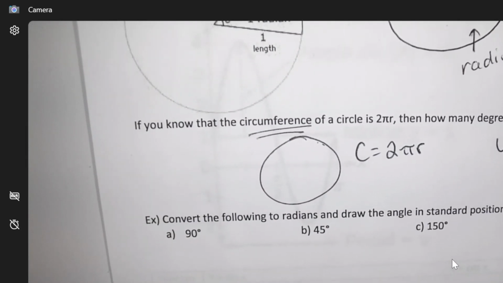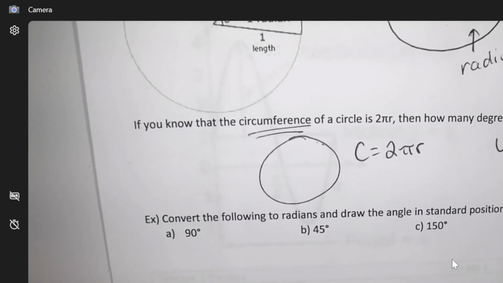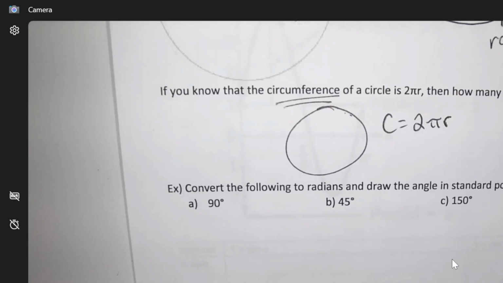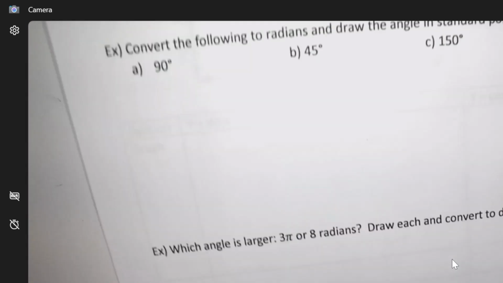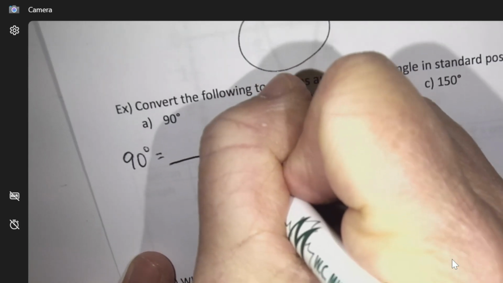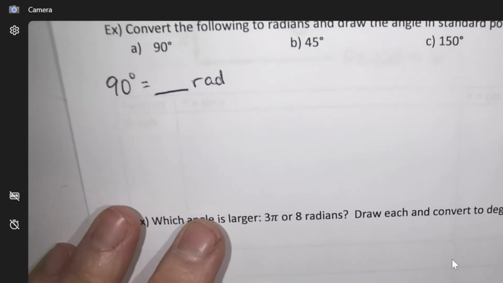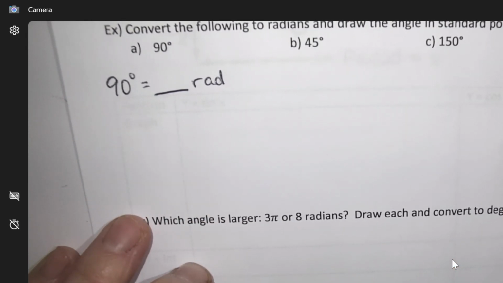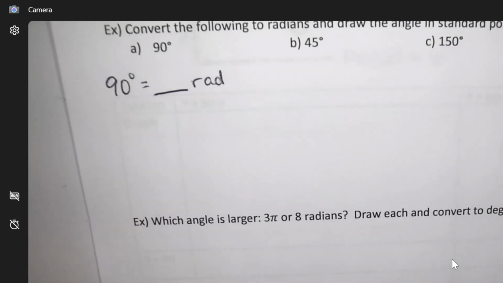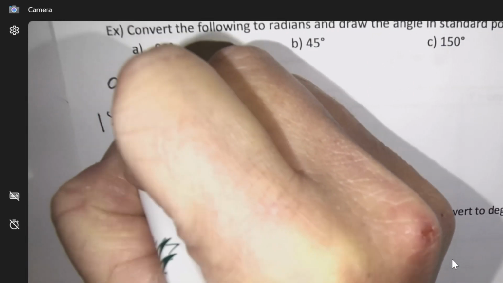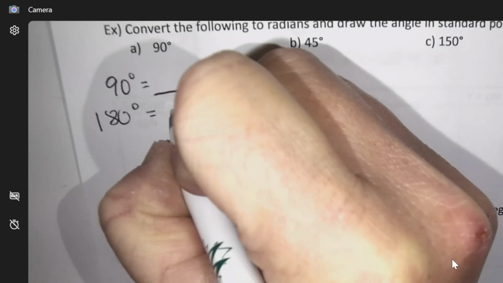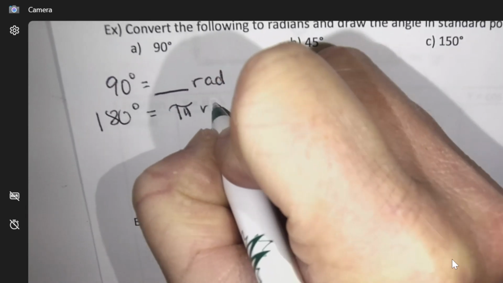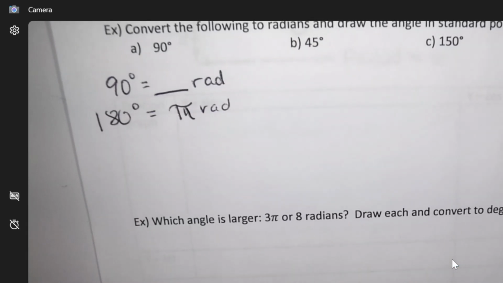Okay, convert from degrees to radians and draw the angle. So here we go. 90 degrees is how many radians? And what do I know? 180 degrees is pi radians.